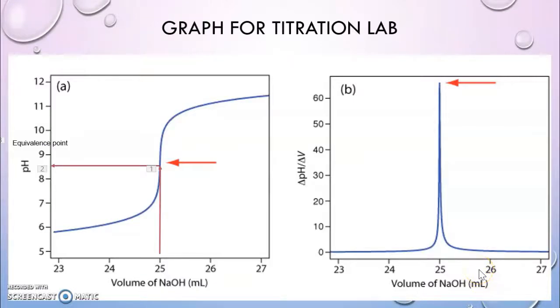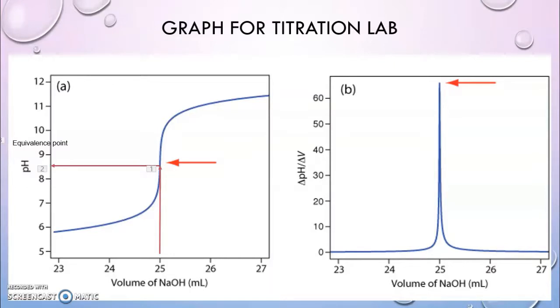After the volume of sodium hydroxide at the equivalence point is determined, the next step will be determining the pH of the equivalence point. How do you do that?